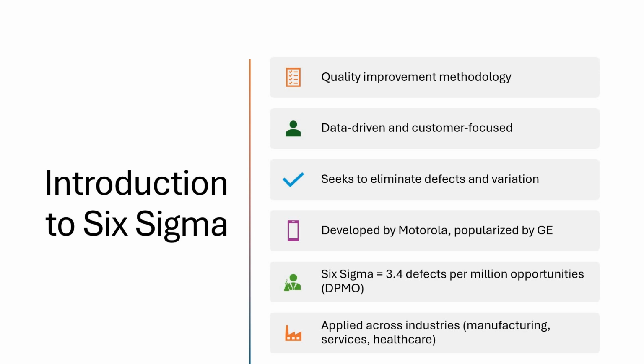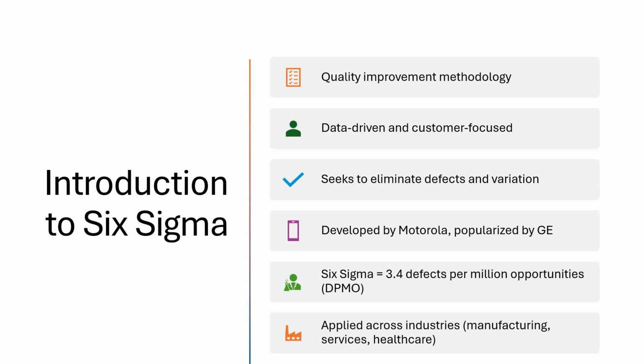That is what is referred to as CTQ, critical to quality. The goal here is to design processes that deliver exactly what the customer wants consistently, always with minimal defects or minimal delays. That's the second point. It is always data driven and customer focused.